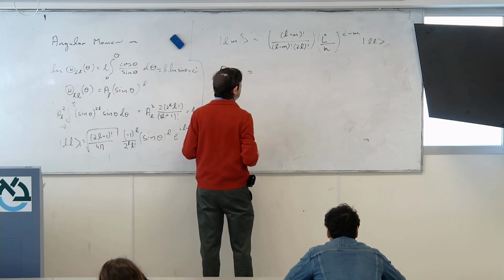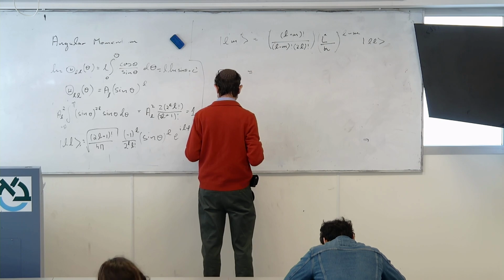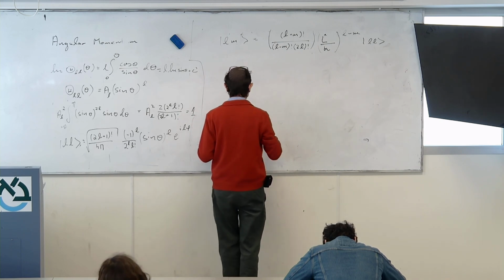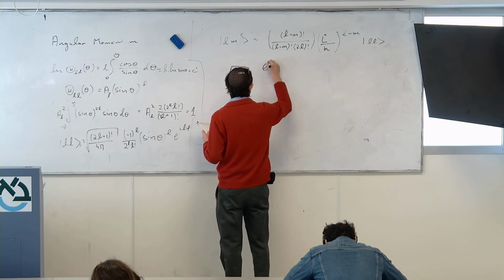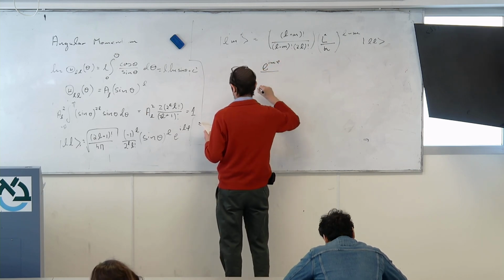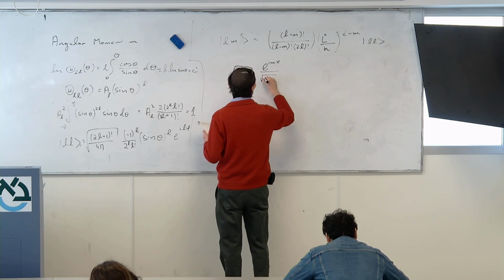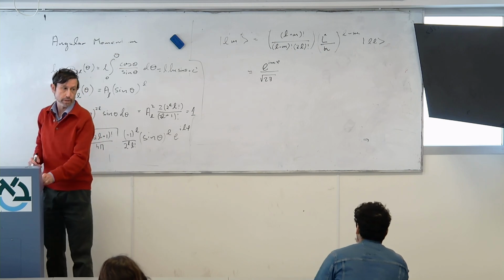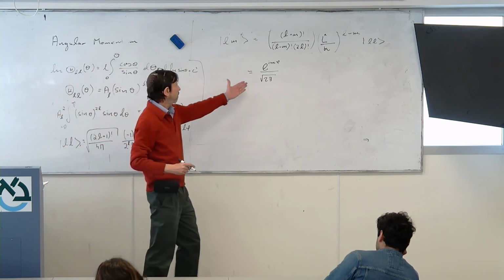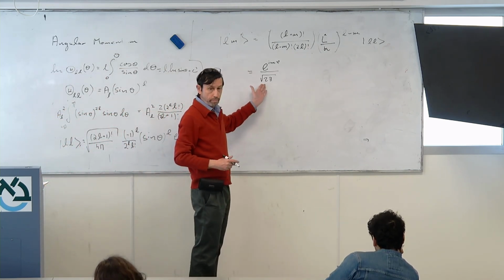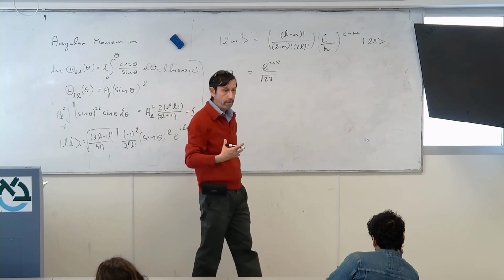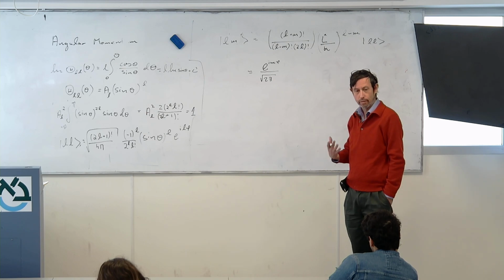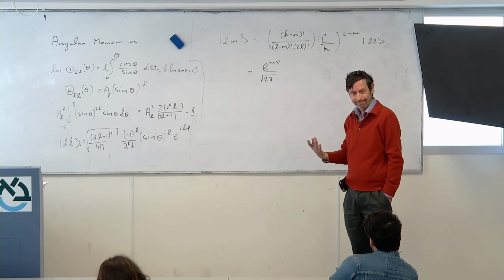So I can write it down explicitly. First of all, nothing happens to the phi component when I'm operating with L plus or L minus, because it's all derivatives of theta, not of phi.